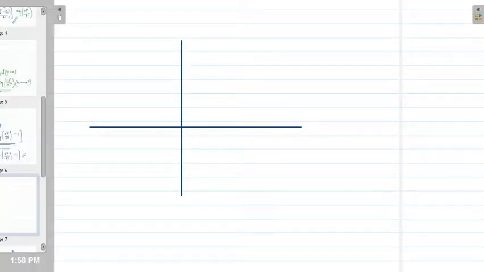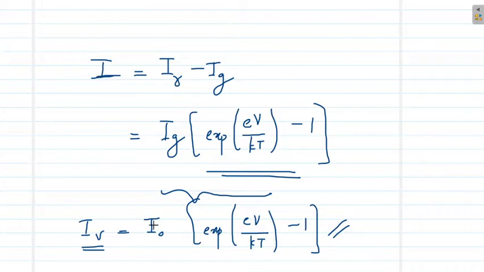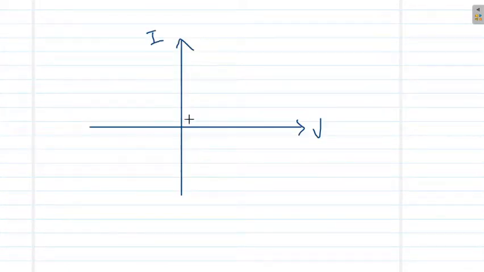If you plot current versus voltage, with voltage along the x-axis and current along the y-axis, this curve, I(V) equal to I0 into exponential EV by kT minus 1, represents the characteristics of a PN junction.